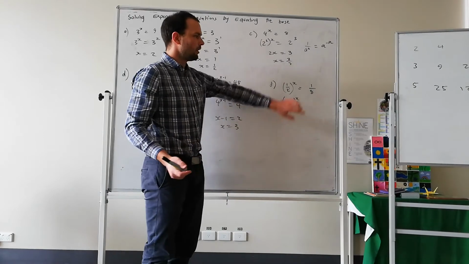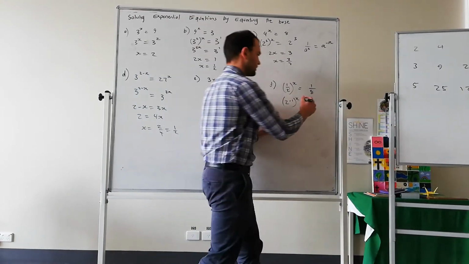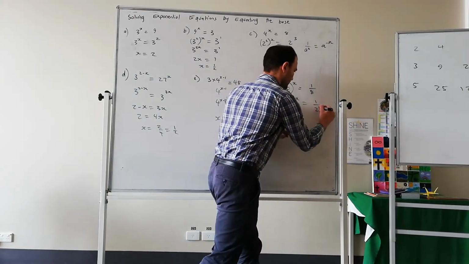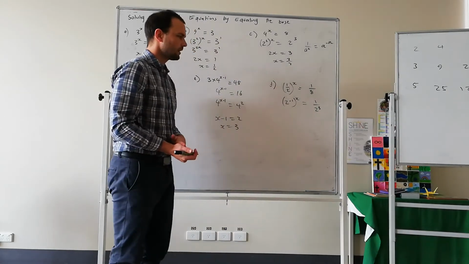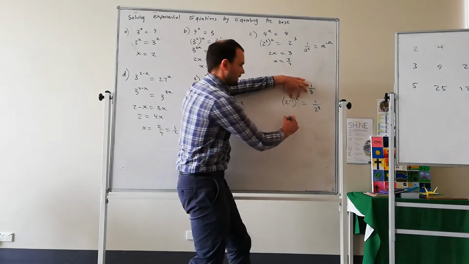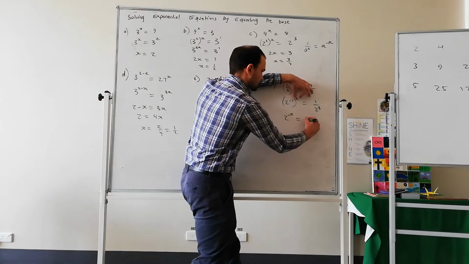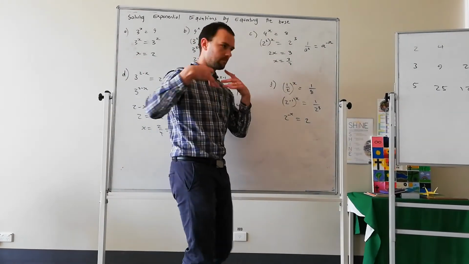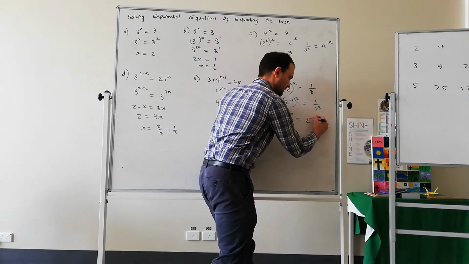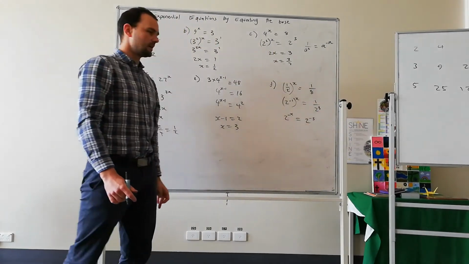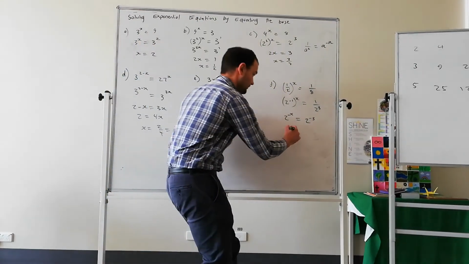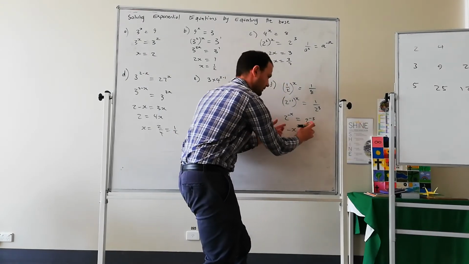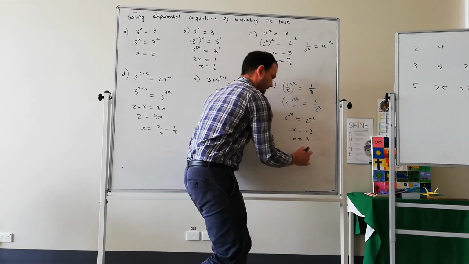Over this side, we've got 1 on top of 2 to the power of 3. And so here, we're going to have 2 to the minus x equals, and over here, because it's at the bottom, we can write it at the top, but we change the power from being positive to negative, 2 to the negative 3. We have negative x is negative 3, because we've got the same base, and so therefore x is 3.